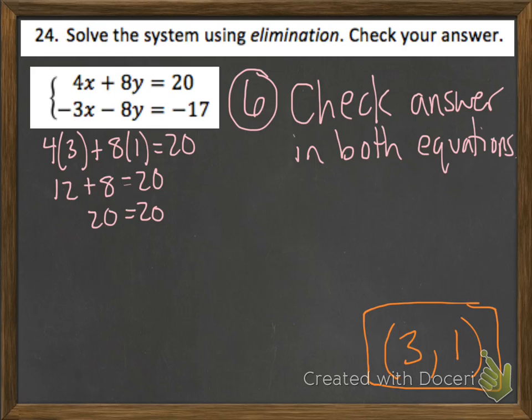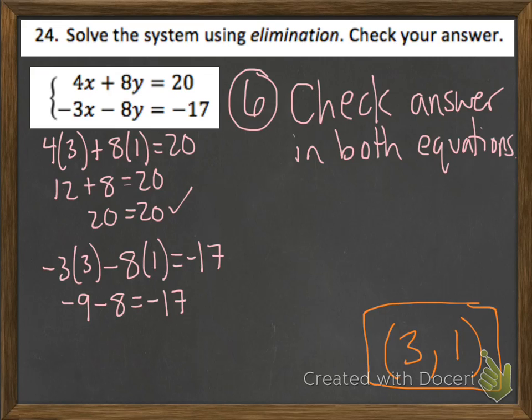In this case, I got 20 equals 20 after I simplified. That's the same number, so that checks out. In the bottom equation, when we work it out, we get negative 9 minus 8 equals negative 17. That is the same number also. Negative 17 equals negative 17. That checks out also. So 3, 1 is our correct answer.